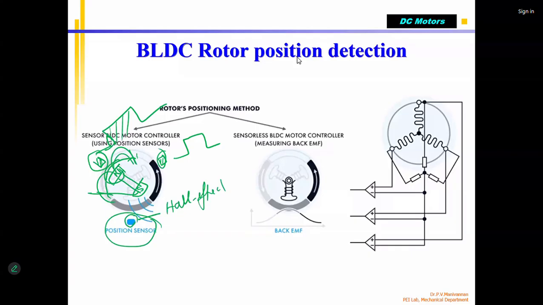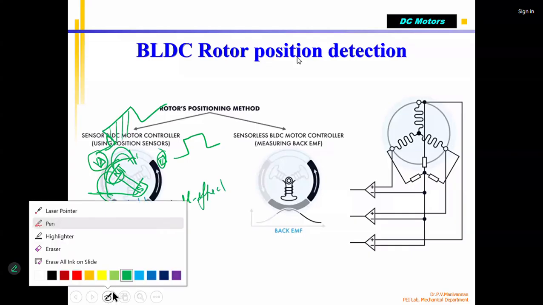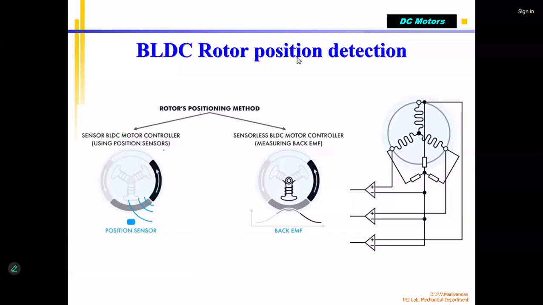So you can physically put 3 Hall effect sensors located near the stator, between the stator coils at 120 degree. The stator coils themselves are 120 degrees spaced, right? Between 2 stator coils, at the center position, put one. So there are 3, 120 degree apart, so this angle will be 120 degree.